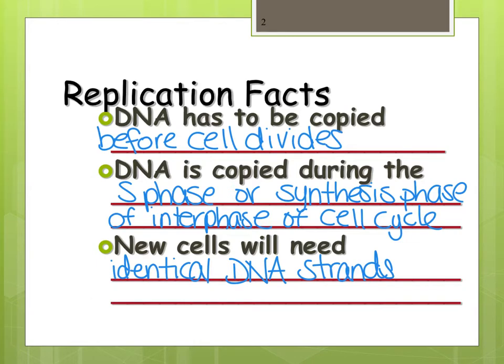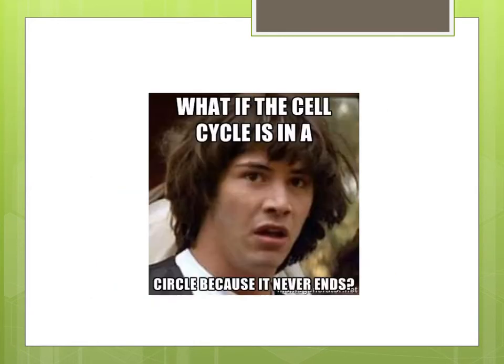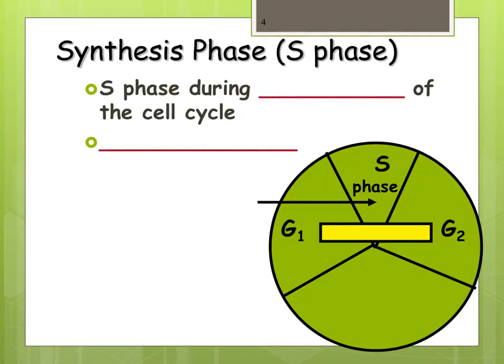So just to take you back to a minute ago, we said the synthesis phase, or the S phase, is during interphase of the cell cycle. Where is the S phase going to take place if you're a eukaryotic cell?